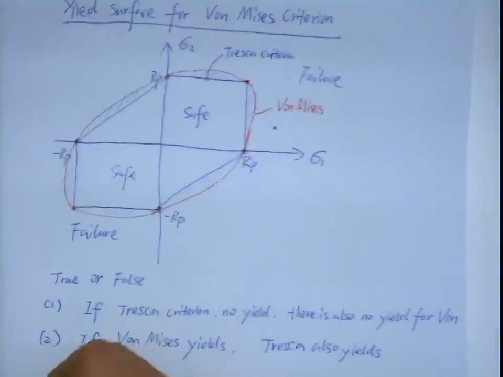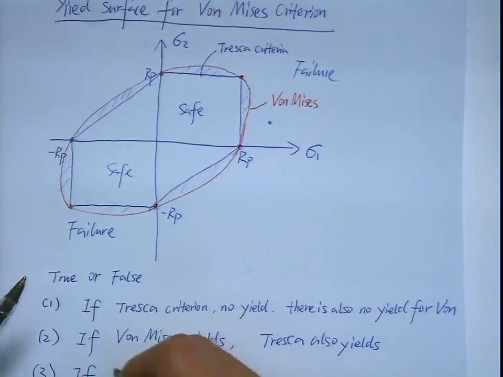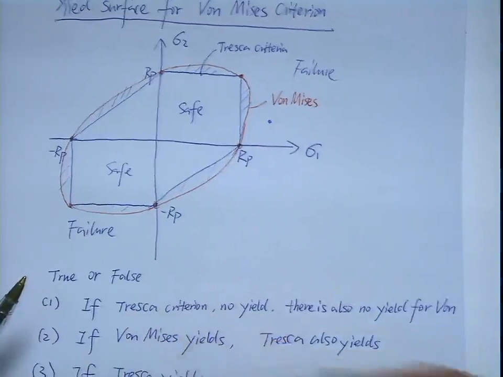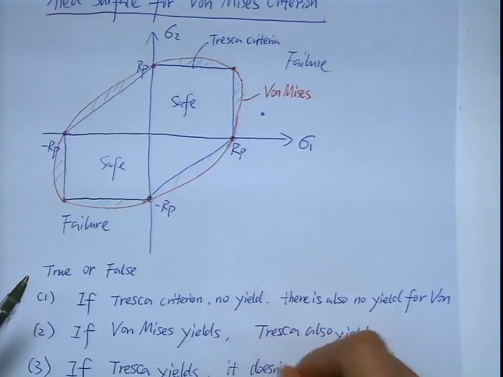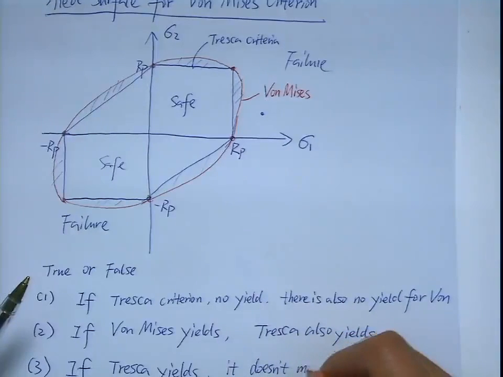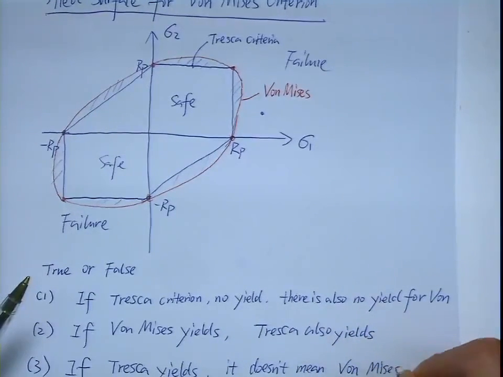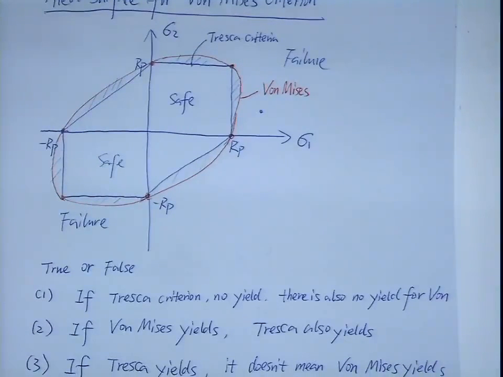Okay? Another one: if Tresca yields, it doesn't mean Von Mises yields. True or false?